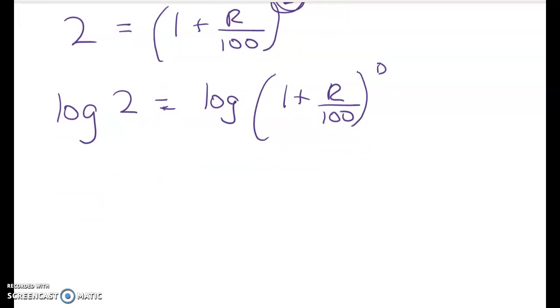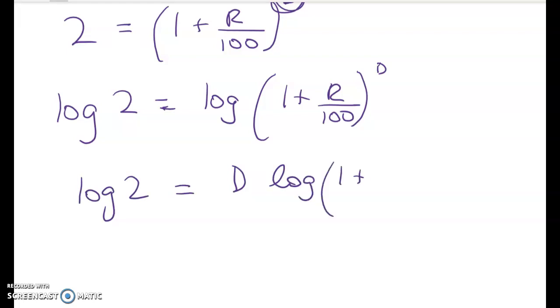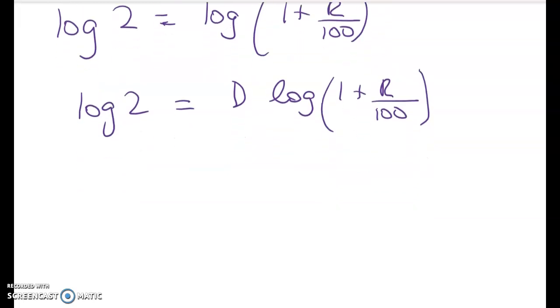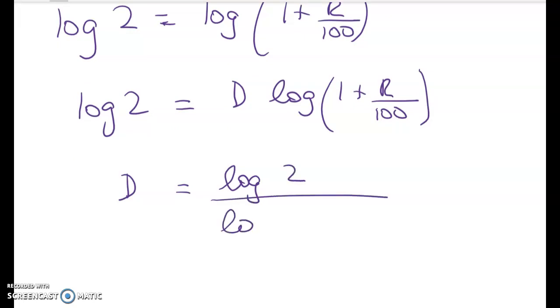And applying our log rules, the log of 2 is equal to D times the log of this. So, rearranging, we can get D is equal to log 2 over the log of 1 plus r over 100.